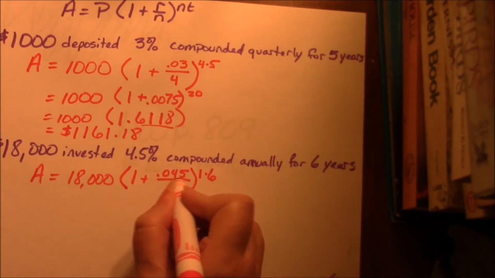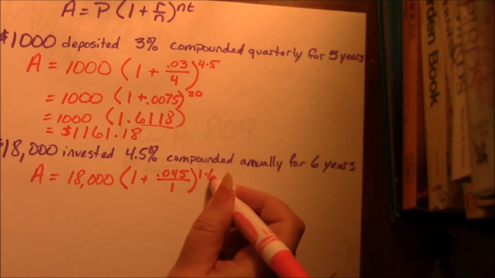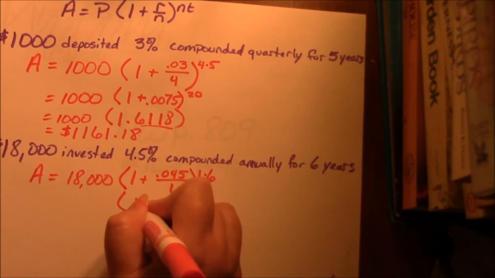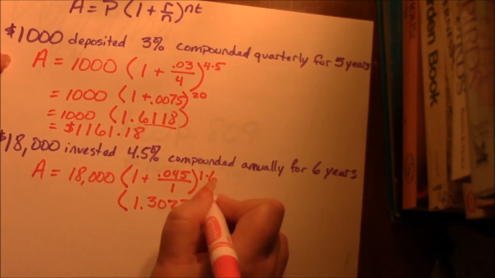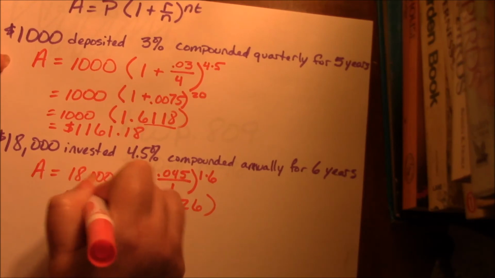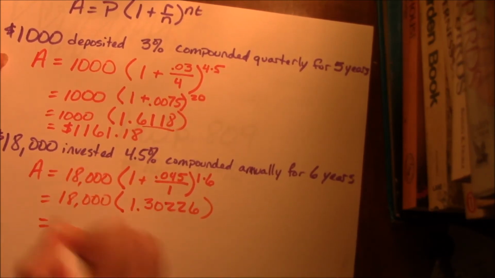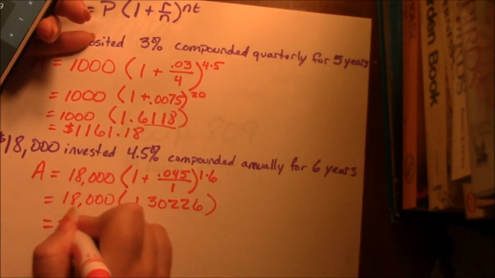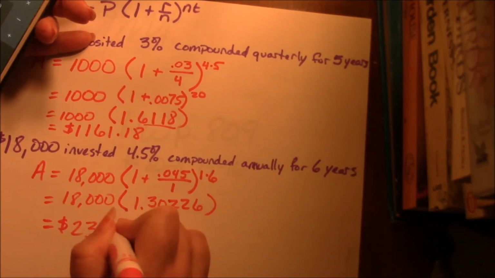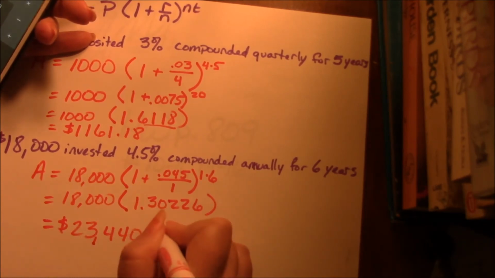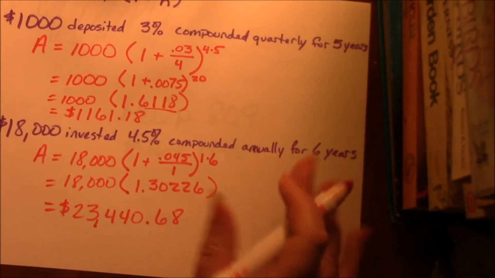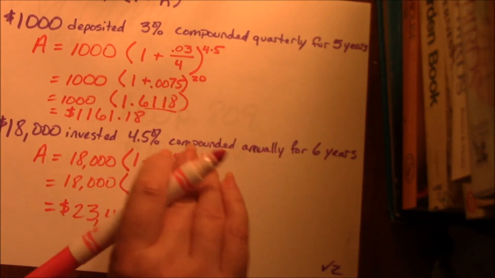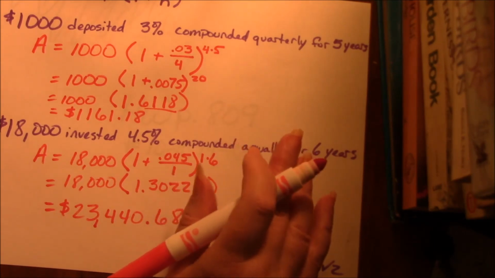So 1.045 to the 6th power is 1.30226 times 18,000 gives us $23,440.68. So pause here, give checkpoint 2 a try, and come back when you're done.